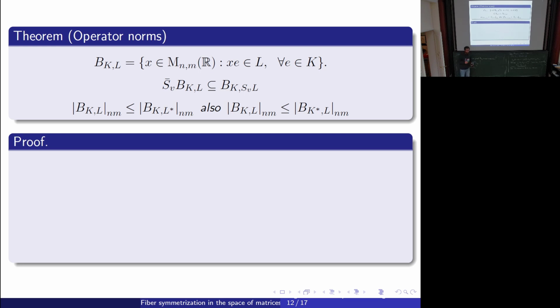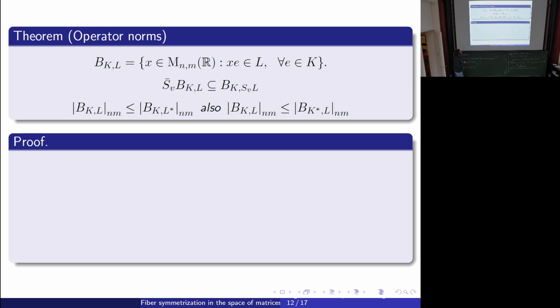Then you can consider the set of matrices with operator norm less than 1, where operator norm means, for me, the operator as in a Banach space operator. It is the set of matrices X sending any vector of K to L by matrix multiplication.